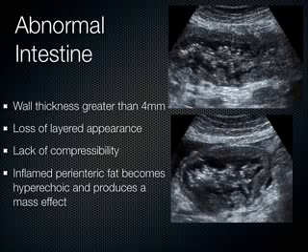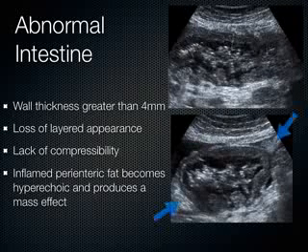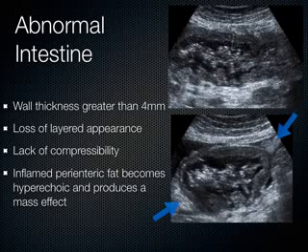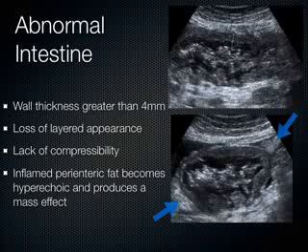So this is abnormal when we see it thickened like this. We have the loss of that layered appearance. It's kind of hanging out by itself. It's no longer compressible. That's another thing. Normal intestine should be nicely compressible. And if you look around the edges of this, stuff that's inflamed always appears hyperechoic, very bright. And we can see around the edges of the structure here, it's got these hyperechoic areas.